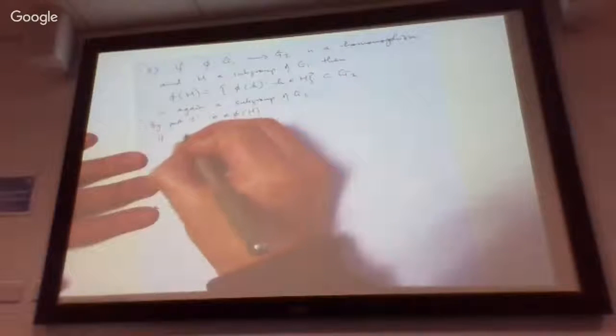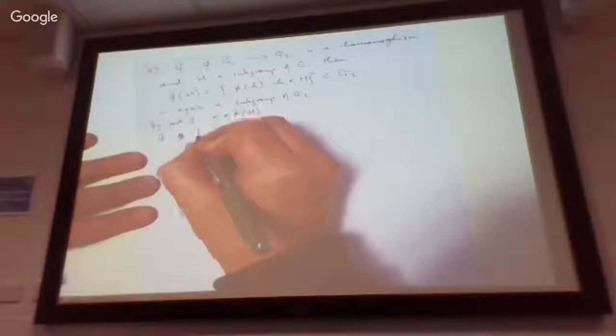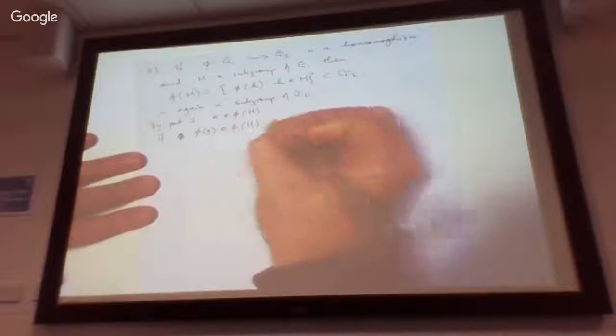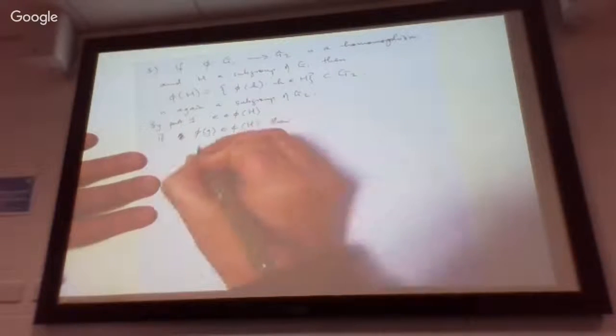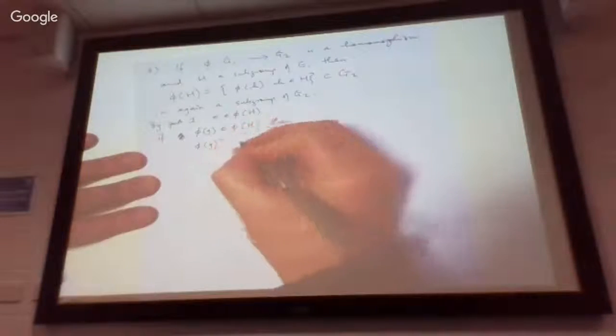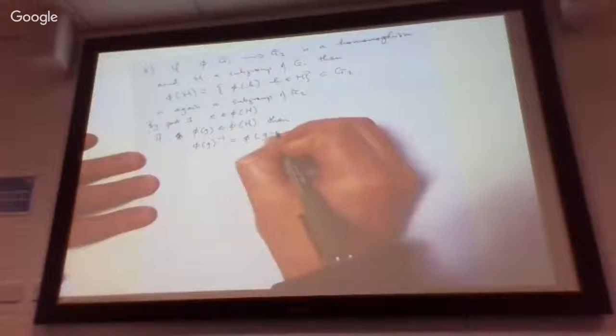And if an element phi of g is in phi of H, then the inverse of it, by part two, which we just proved, the inverse of it is phi of g inverse.